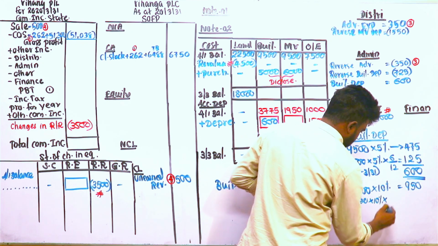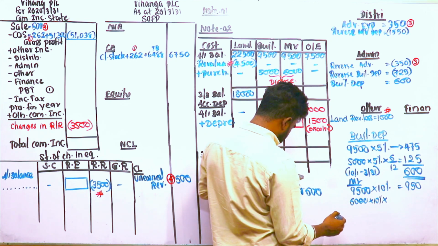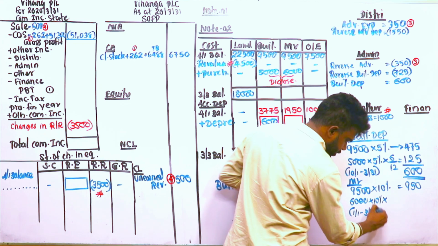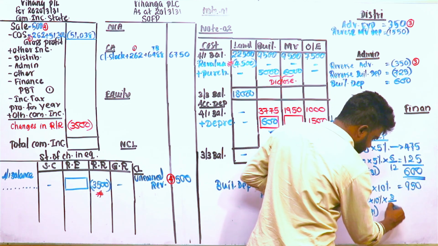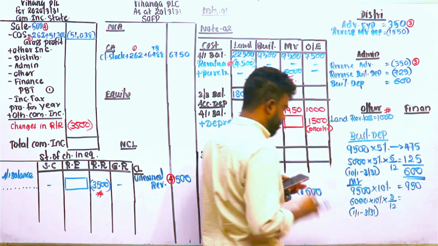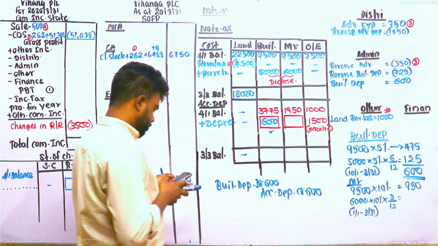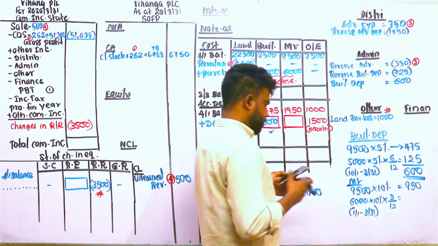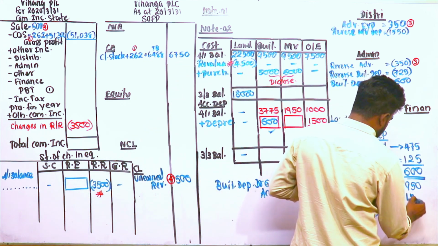The purchase date is January 1st, right? January to 31st March, only 3 months. That gives 150.